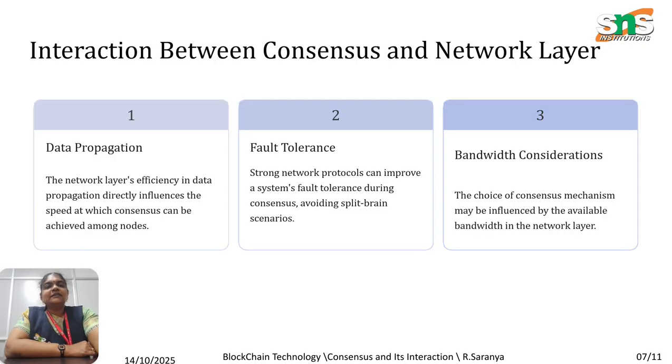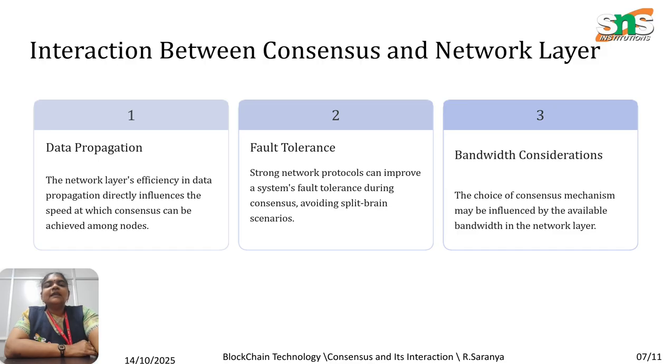Next comes our network layer. How does the consensus algorithm interact with the network layer? In the network layer we take care of data propagation, fault tolerance, the bandwidth required, etc. When a large amount of data needs to be transacted, the network layer will be effectively tuned so that it speeds up according to the amount of data to be propagated.